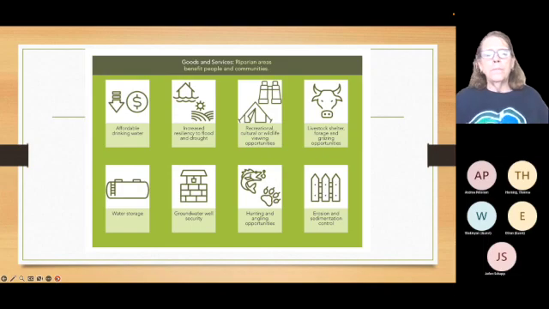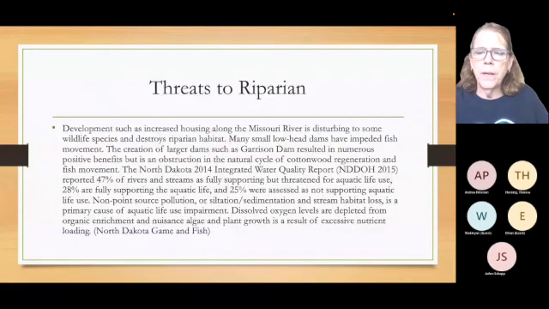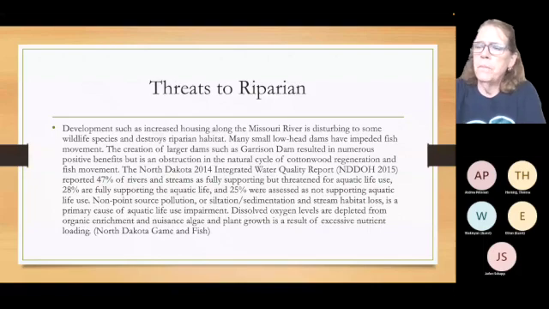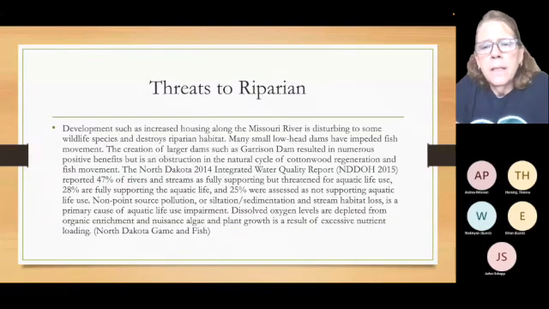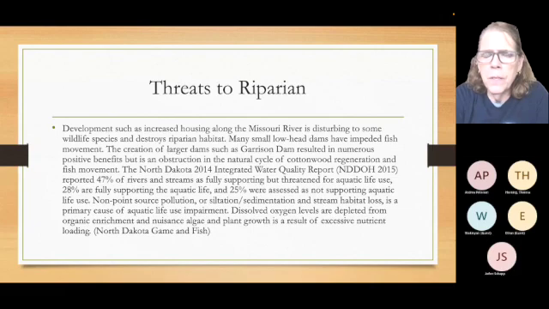So we have many threats that our riparians are facing. This is just a statement that I found on the North Dakota Fish and Game site. It gives information that I didn't realize happens here in North Dakota, and how important the riparians are to North Dakota's overall well-being.